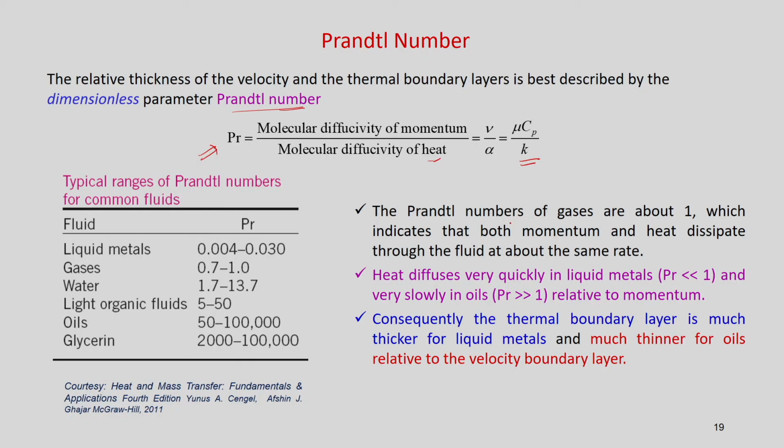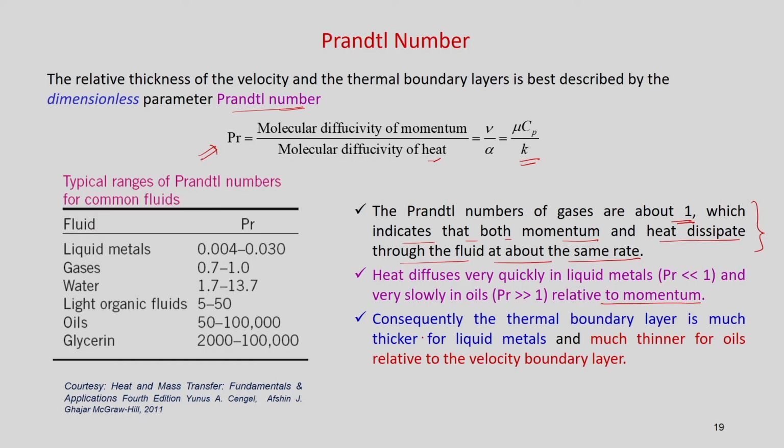So, the Prandtl numbers of gases are about 1, which indicates that both momentum and heat dissipate through the fluid at about the same rate, if the Prandtl number is 1. Heat diffuses very quickly in liquid metals, having a very low Prandtl number, and very slowly in oils, where the Prandtl number is very large relative to the momentum.